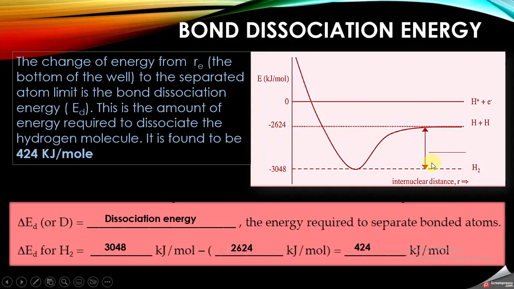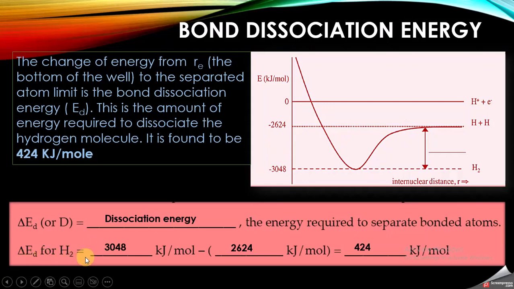So this also represents the bond strength. The bond dissociation energy is represented by ED here, and if you are given this interaction energy curve and these values and asked to find the bond dissociation energy, you can take the difference of these two values and provide the value of bond dissociation energy.